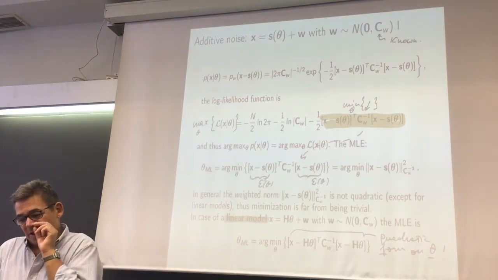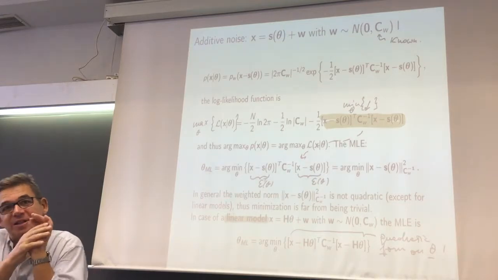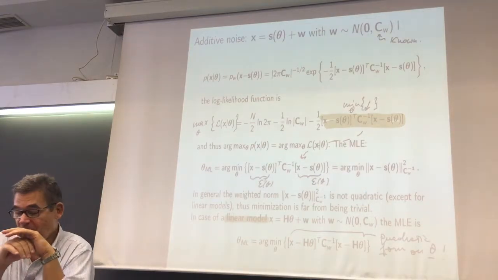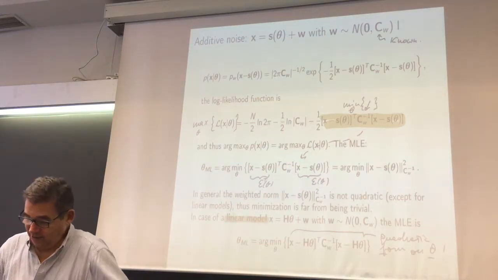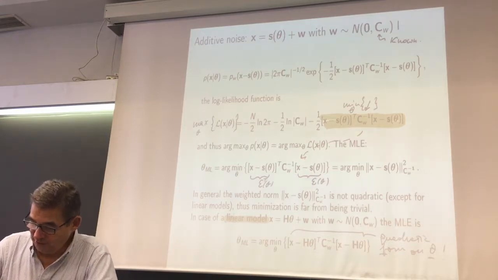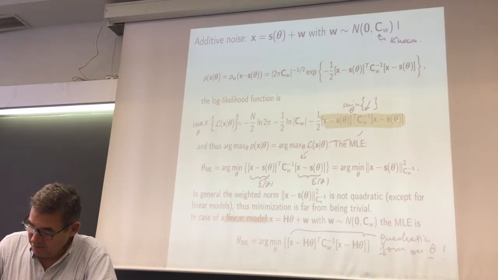Now, let me explain a little bit what the inverse of the covariance is. Before I make a new step, let me make a comment on that. What is the covariance?